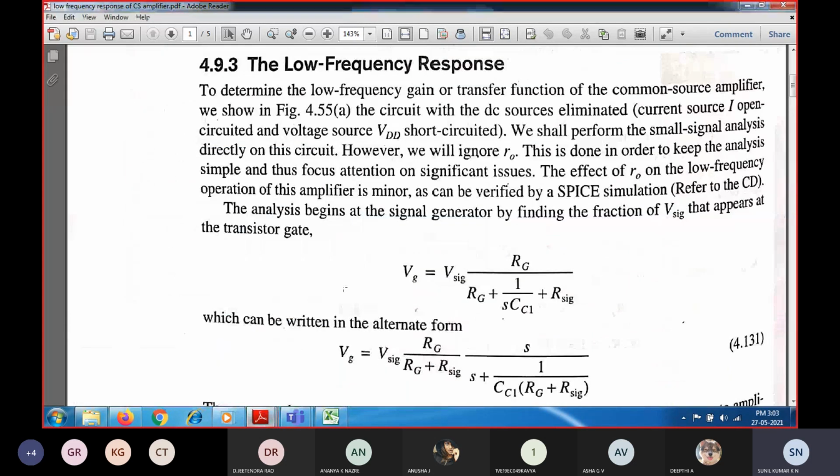Okay, so now if we consider the low frequency response, the low frequency gain, how to determine the low frequency gain or transfer function of the common source is given with the circuit diagram as shown in the figure.